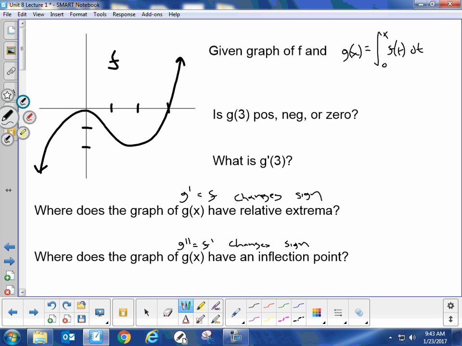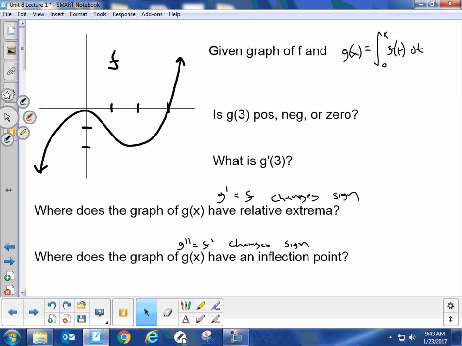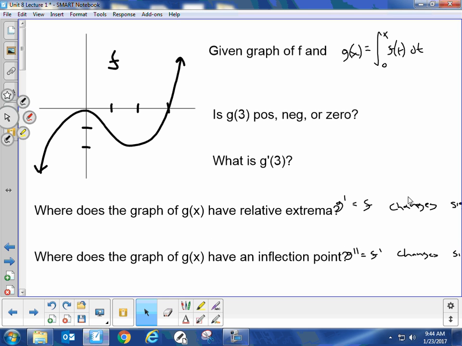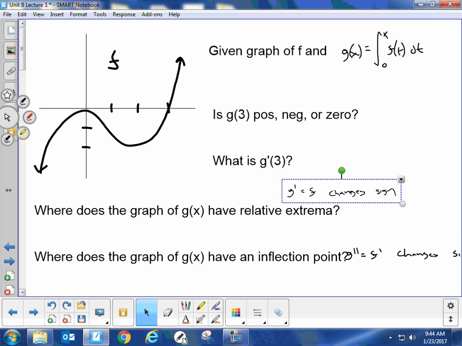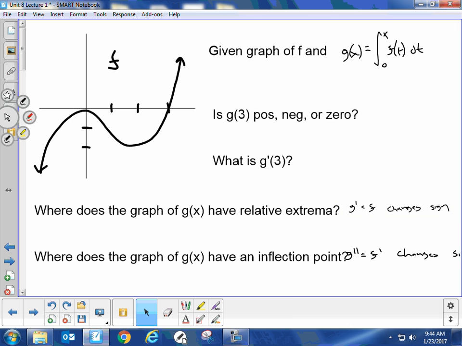When do we have inflection points? Check your answers with a neighbor.